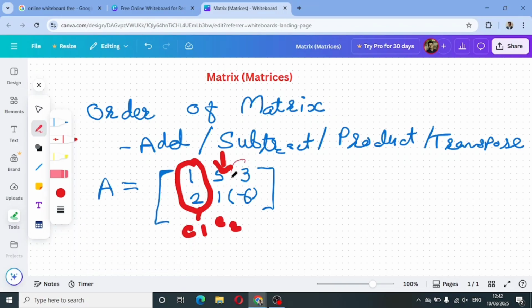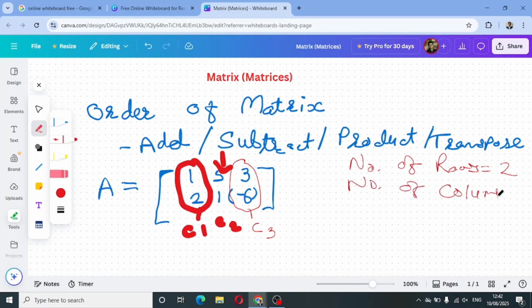So now if you observe here, the number of rows equals 2 and the number of columns in this one is 3.